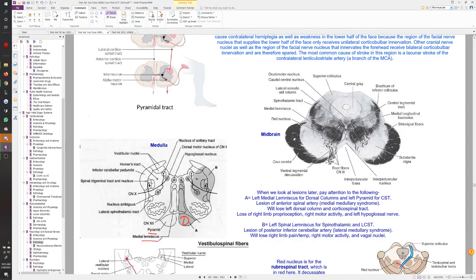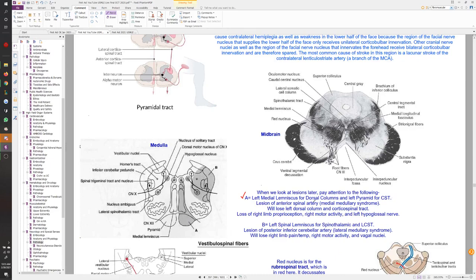Your medial lemniscus, this guy, was used for the decussation of your dorsal columns, right? And then all the way over here you have your spinal lemniscus stuff for your spinothalamic tract. So if we look at the notes I've written here, injury A, left medial lemniscus is messed up for the dorsal columns, and the left pyramid is messed up for the corticospinal tract.